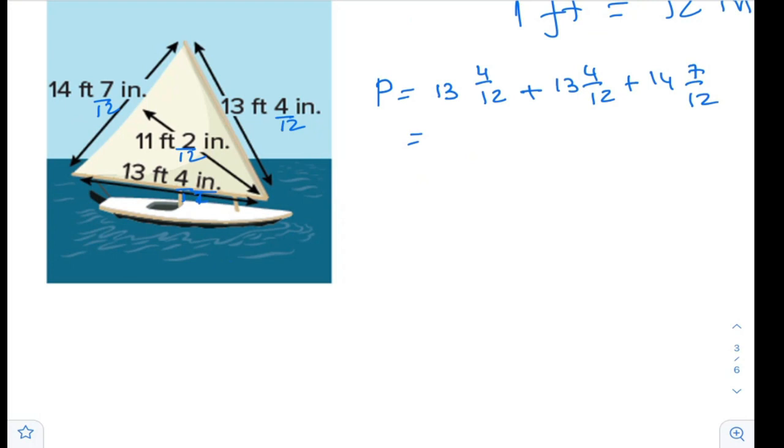In the calculator, use shift and the fraction button, so that you have these 3 digits to use. So 13 and 1/3, which is the 4/12, plus another time shifting, I'm giving you a chance to practice with me using the calculator properly, plus another shift with 14 and 7/12.